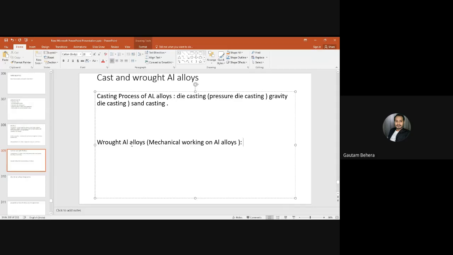Wrought aluminum alloys, as I told, means those aluminum alloys on which mechanical working has already been done. Those may be rolling, forging, extrusion, deep drawing. These are the things.